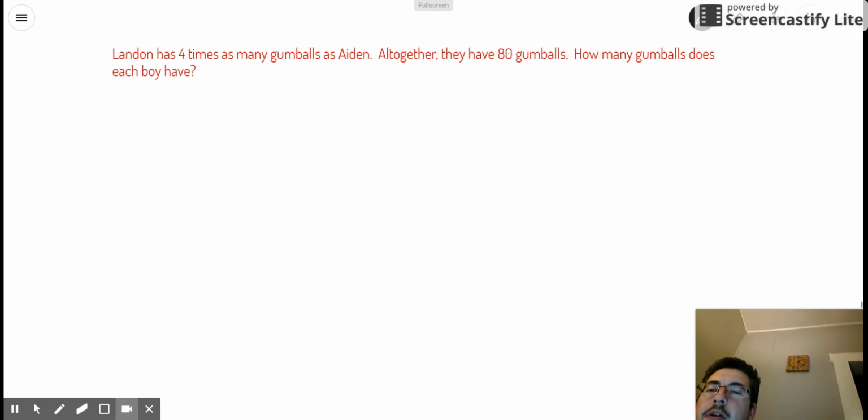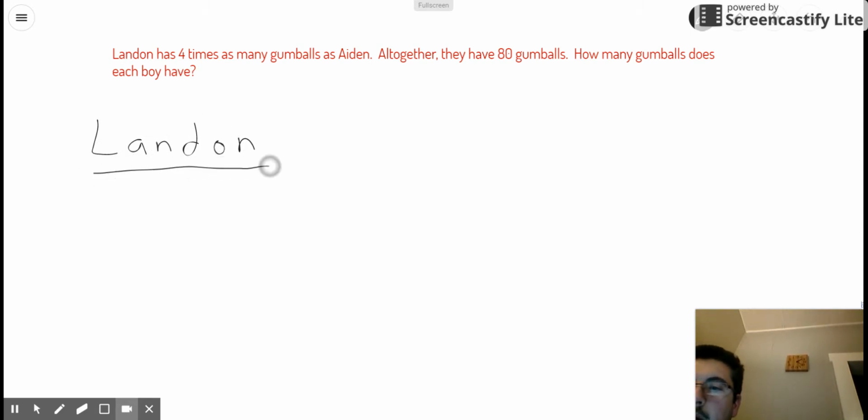So the very first thing I'm going to do is I'm going to construct my bar diagram. So I'm going to write Landon here, Aiden down below.